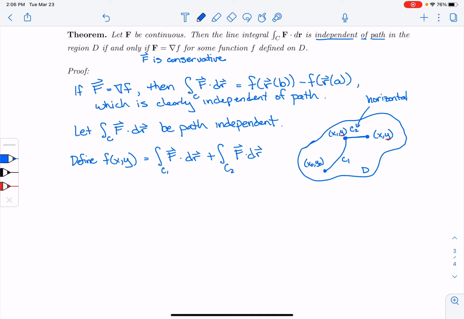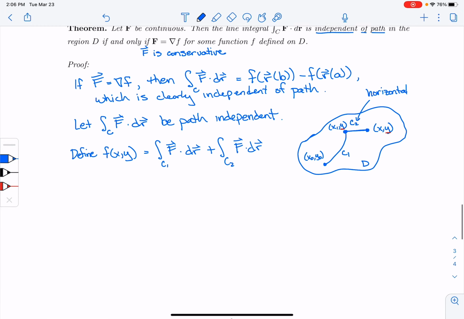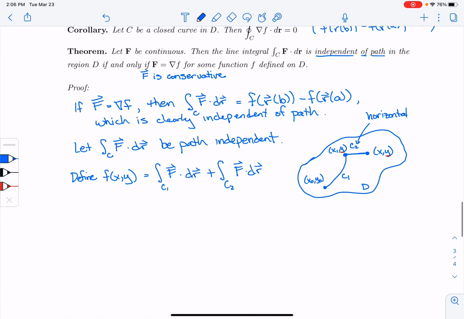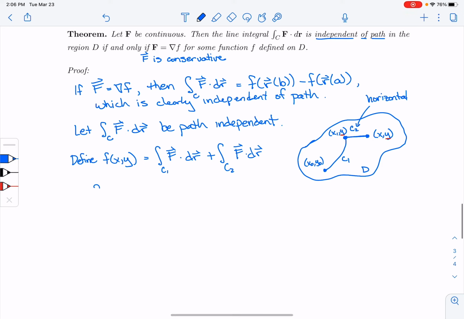Okay, so what is df dx in this case then? Well, df dx is going to be the derivative of just C2.